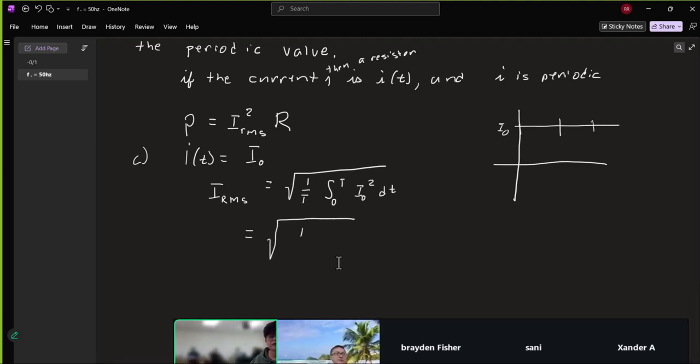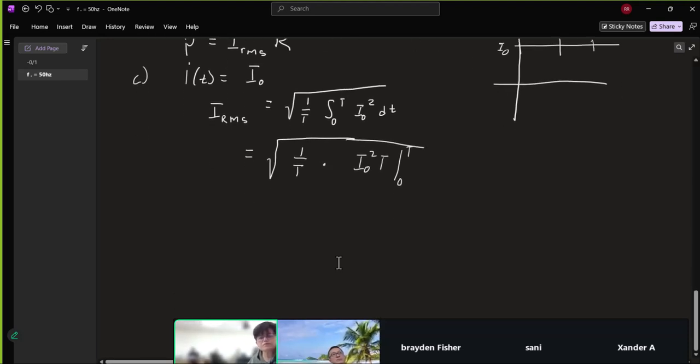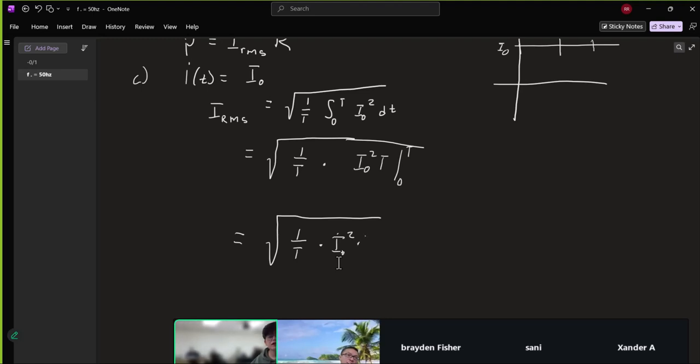This will be the square root of 1 over T times the integral of I naught squared, which is I naught squared t, from 0 to T. Plugging in T, I get 1 over T times I naught squared times T. 1 over T and T cancel, and I have the square root of I naught squared, which is just I naught.